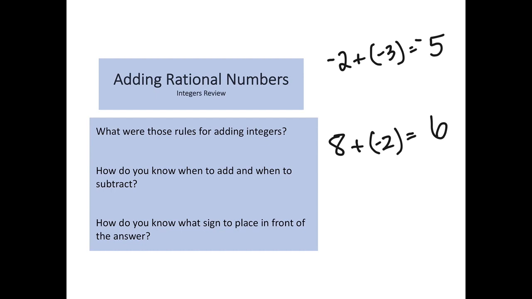And then we're going to take the sign of the greater absolute value. In this case, 8 is the greater absolute value, so my answer is going to be positive 6. So if I look back over here, how do I know what sign to place in front of my answer? Well, a good rule of thumb, always take the sign of the greater absolute value number.